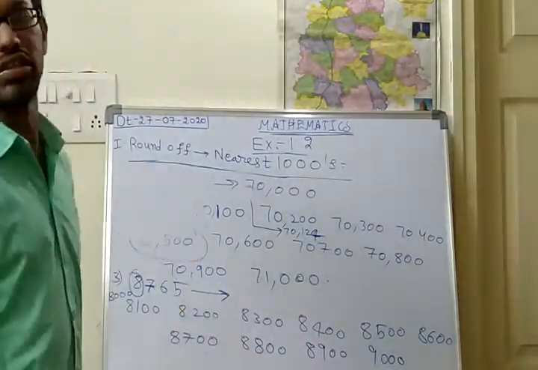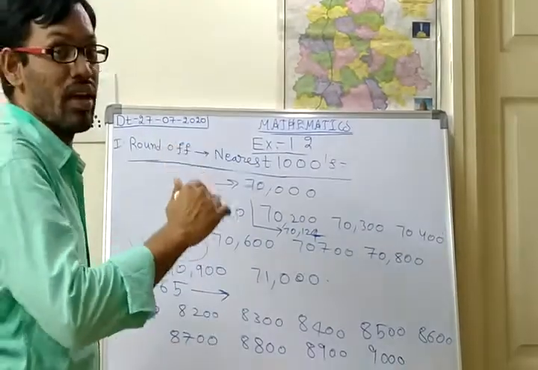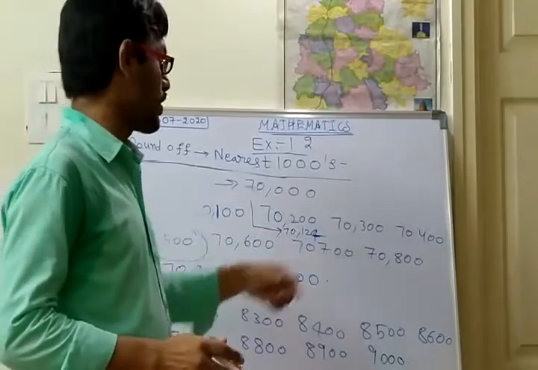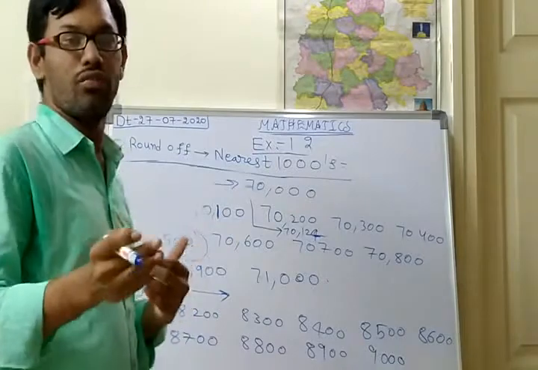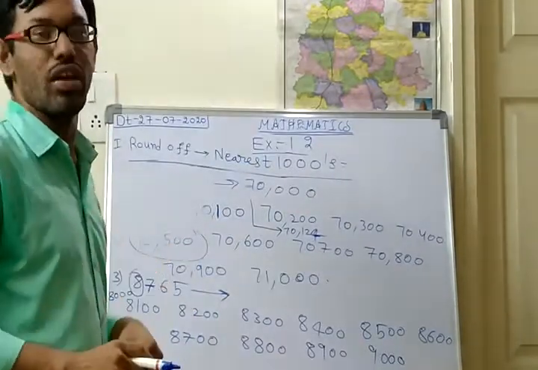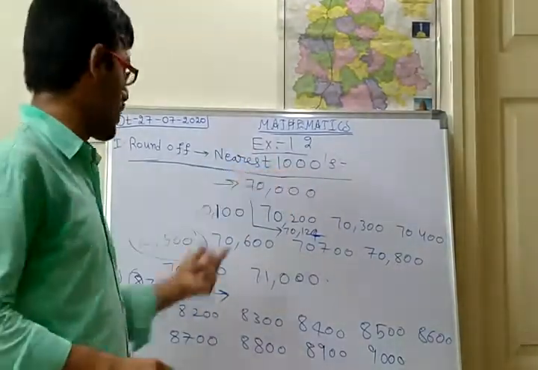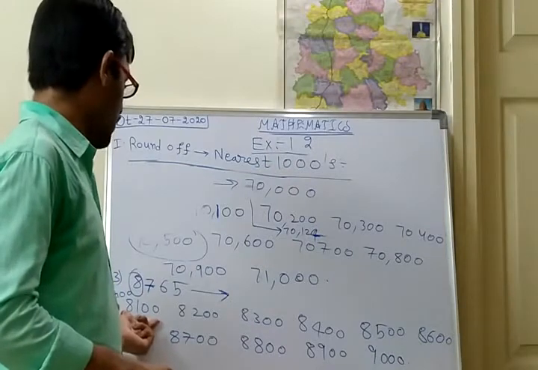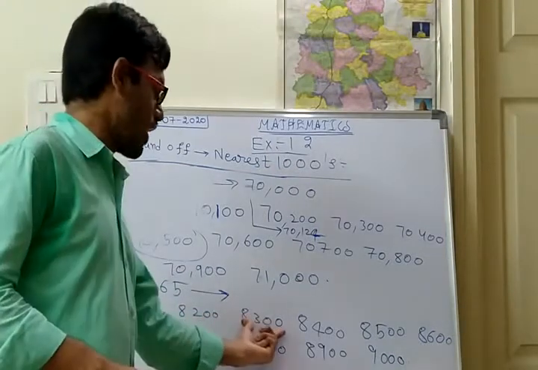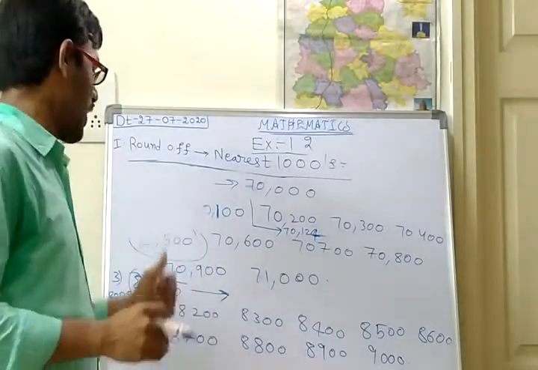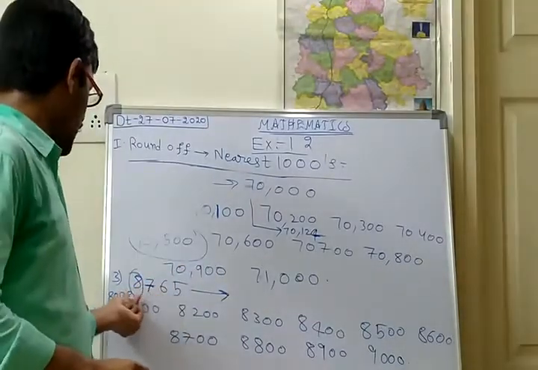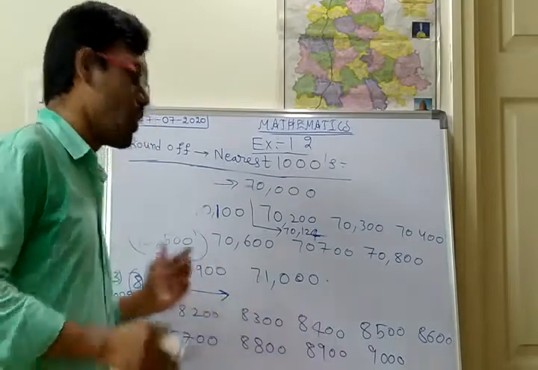In the nearest 100 we took only the last 2 digits, like 410, 420, 430. In the nearest 1000, we take 8,100, 8,200, 8,300, like this, and the next number should increase. So it will be in between 8,000 and 9,000.